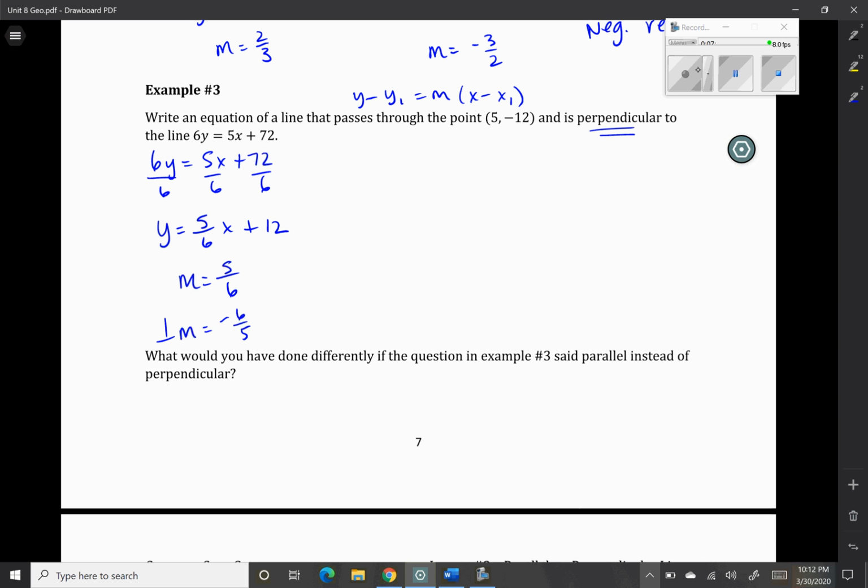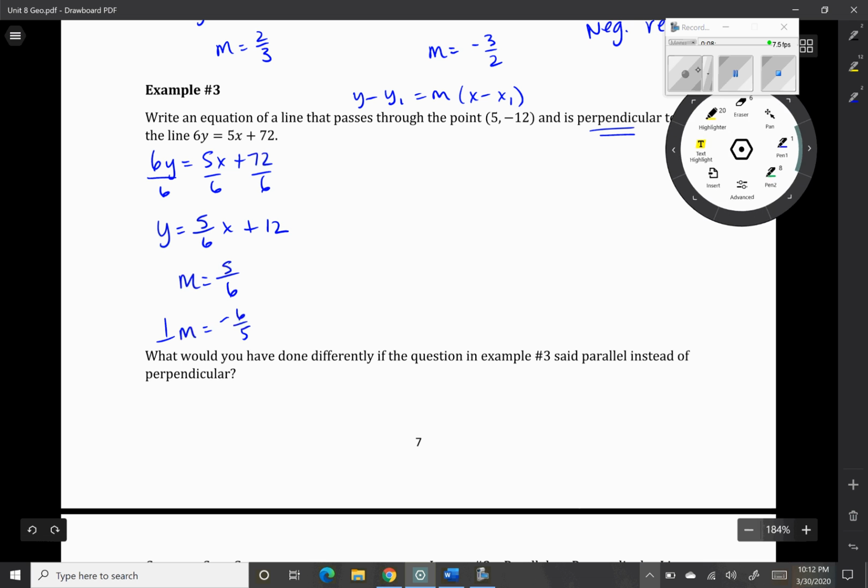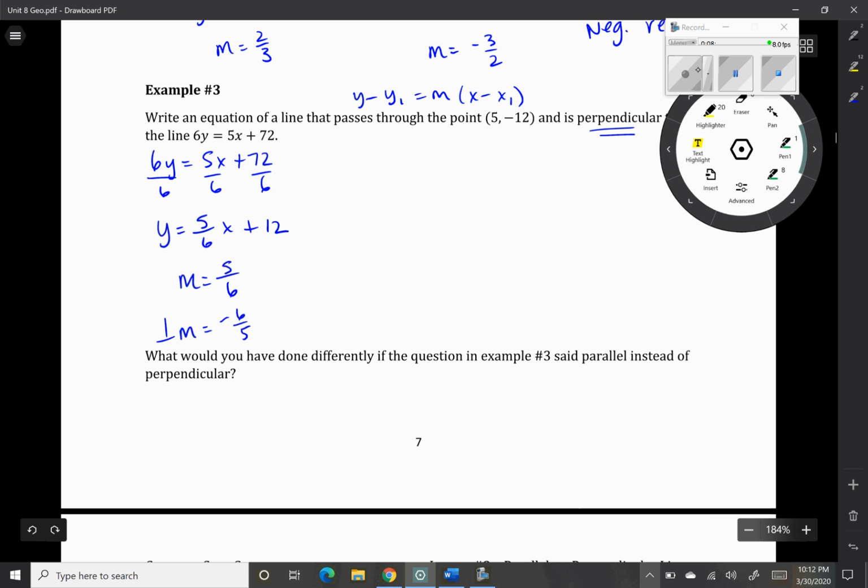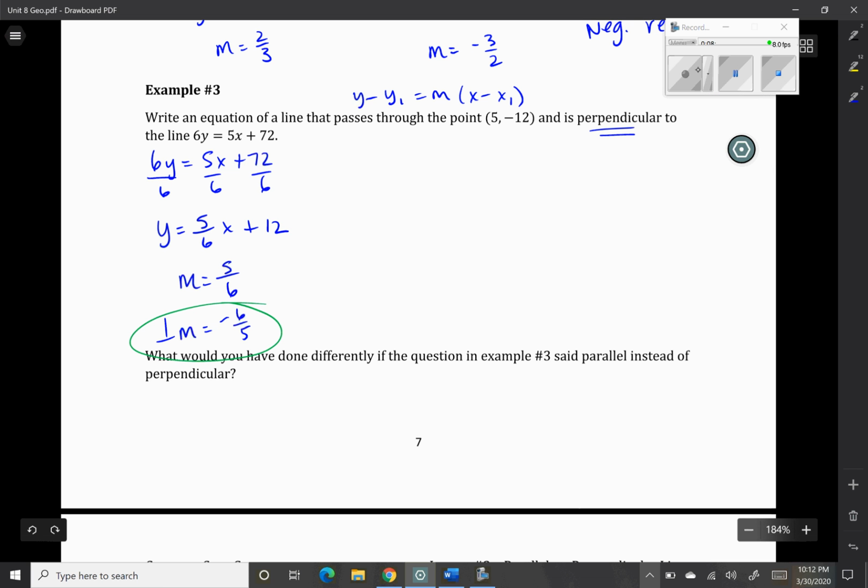So then if we want to create a line here, we want to create an equation of a line that has this slope and passes through this point. These two things are connected. So to create an equation of a line that goes through this point and has this slope, I would say y minus -12 is equal to -6/5 times x minus 5.